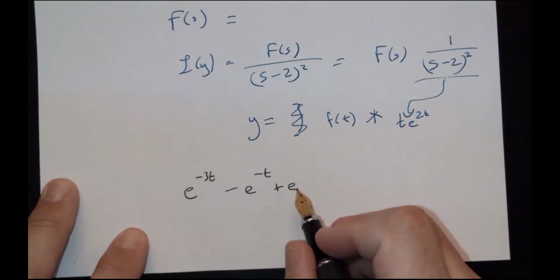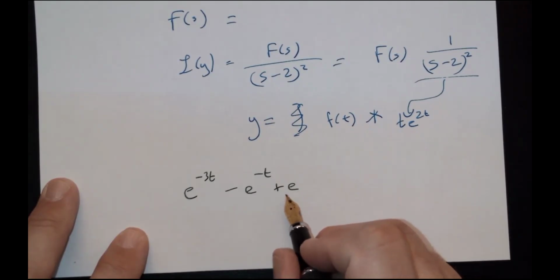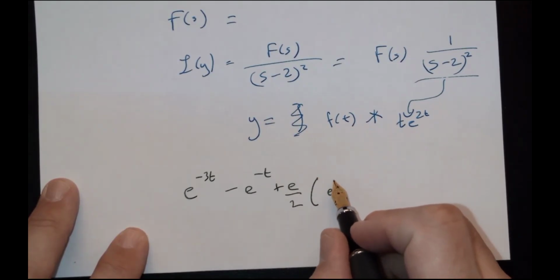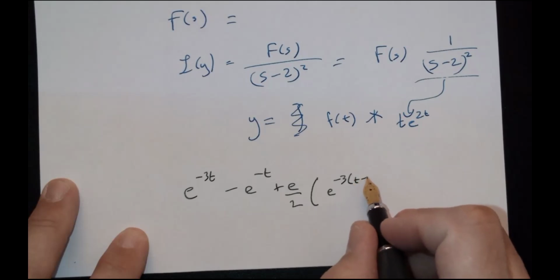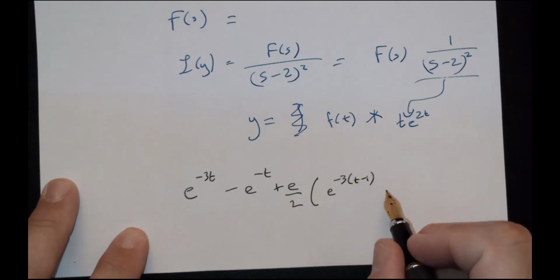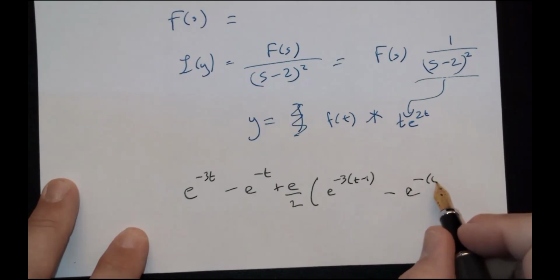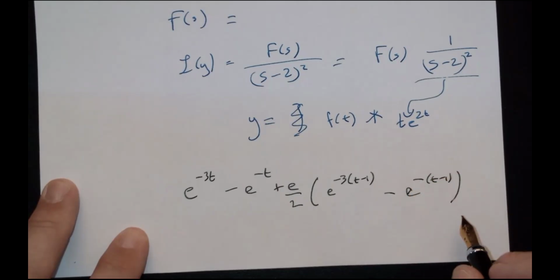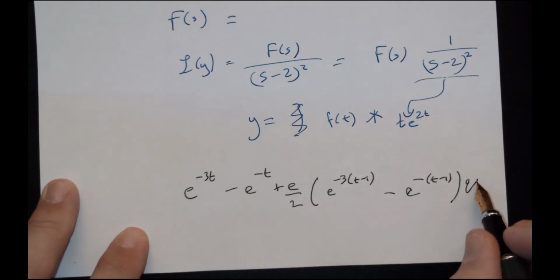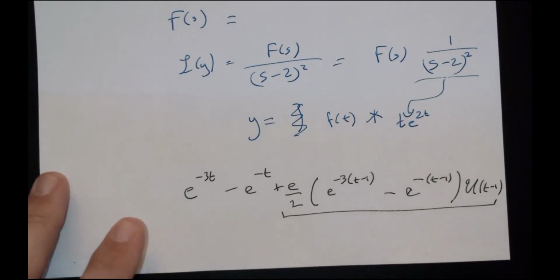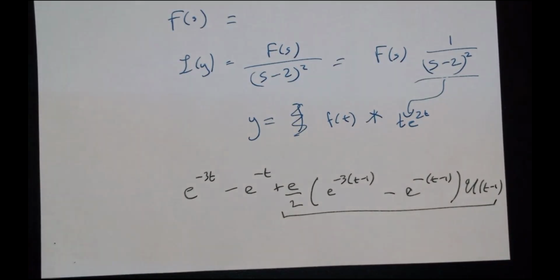And then u of t minus 1. So all of this is multiplied by that u. Okay.